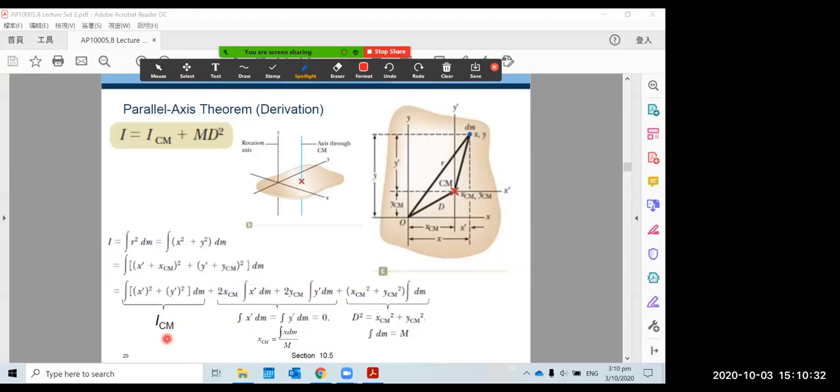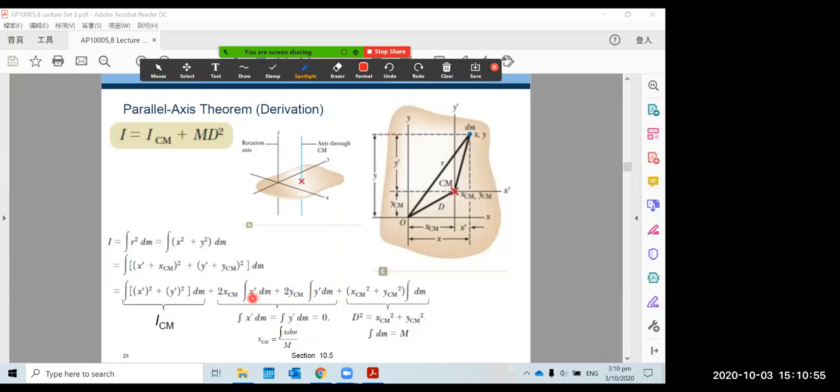This is the I_CM. The second term is 2 x_cm times the integral of x dash dm. This is similar to what we have seen in defining the center of mass. You have all the particles evenly distributed about the center of mass.